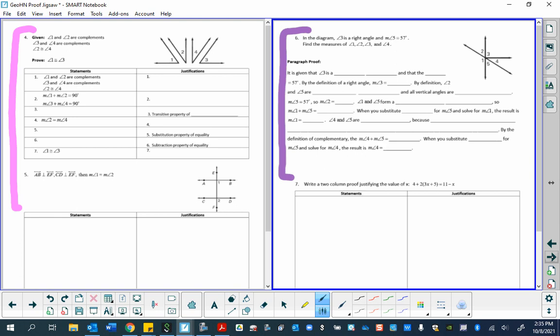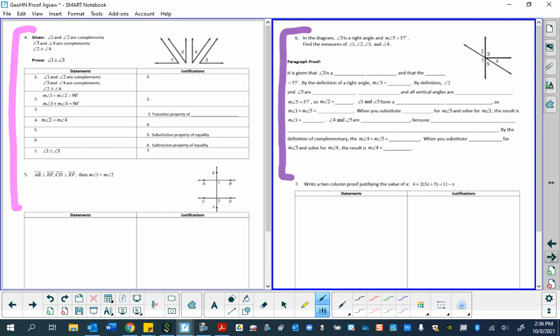When you come back to class next, believe it or not, I don't see you again for a week. When you come back to class next, you are going to be the expert of that pink proof, green proof, yellow proof, purple proof. The substitute is going to put you into groups of one of each color.